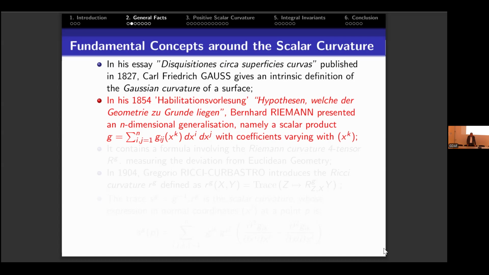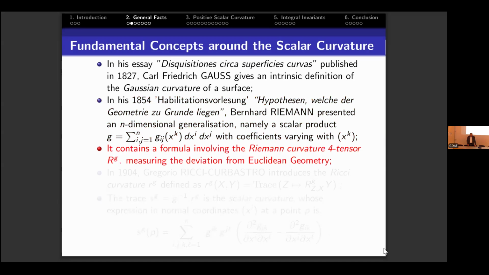Actually, such expressions existed already. You can express the Euclidean metric in polar coordinates, for example, and then you have a variable coefficient. But there you want to look fully generally at such an expression. And then in the paper by Riemann, there is only one formula which explains in which way these new geometries are different from Euclidean geometry.